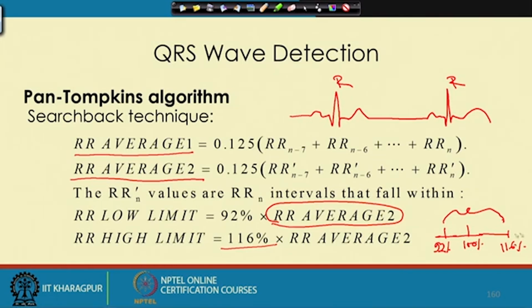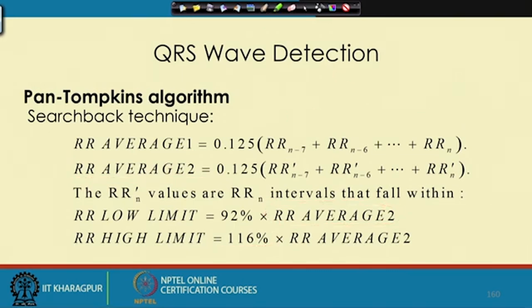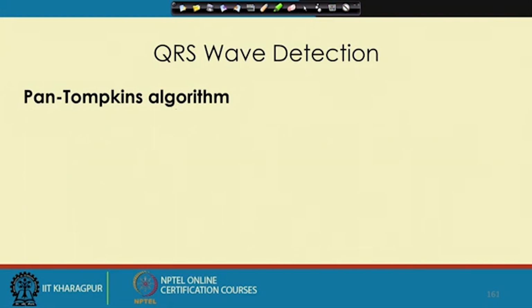And if it is above, that means we have missed something. So, we need to look back and find out that missed peak, and that is the part we call the search back operation.